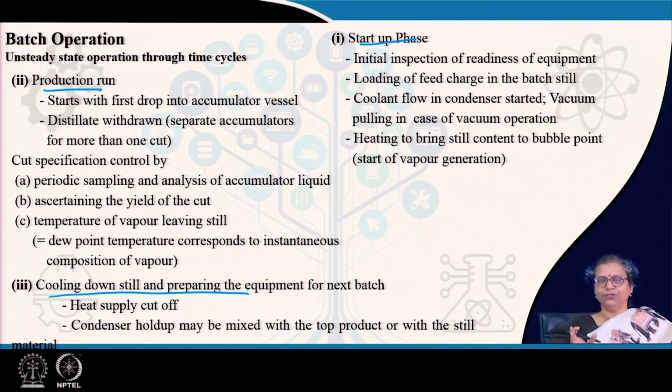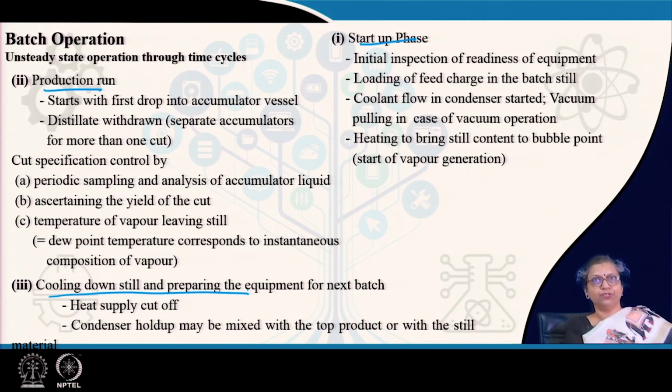What does this do? This ensures that if you have some extremely volatile component, then you do not lose it. Whatever goes into the condenser right from the beginning is condensed and can be collected in the accumulator.